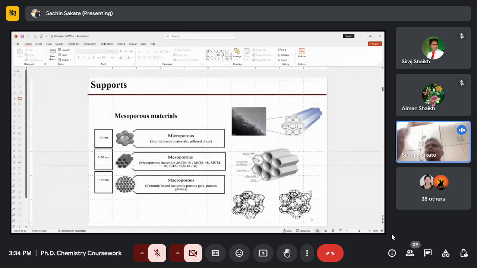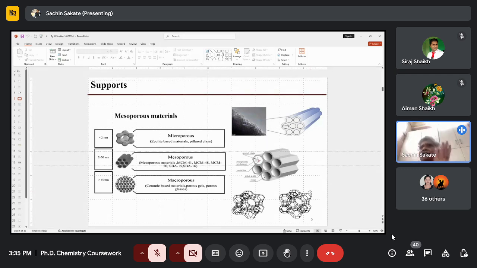I can assure you that you can prepare these materials in the laboratory, because we are preparing ZSM5, that is zeolite, MCM41, MCM48, SBA15 in our own lab at college.